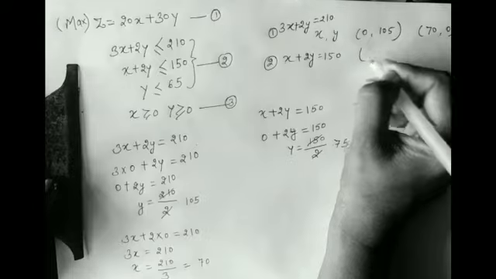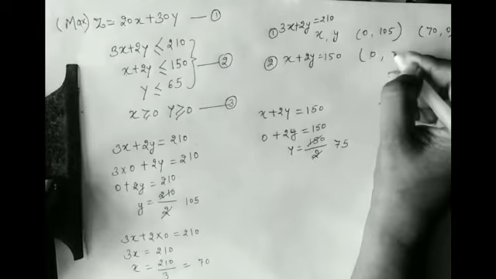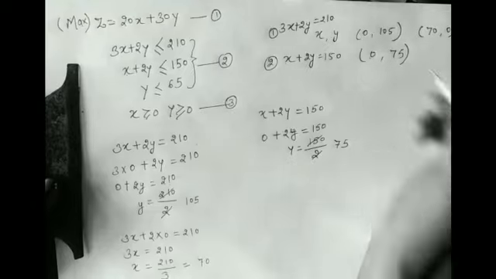So the first point of the second line, x plus 2y equals 150, is: when x is 0, y is 75.